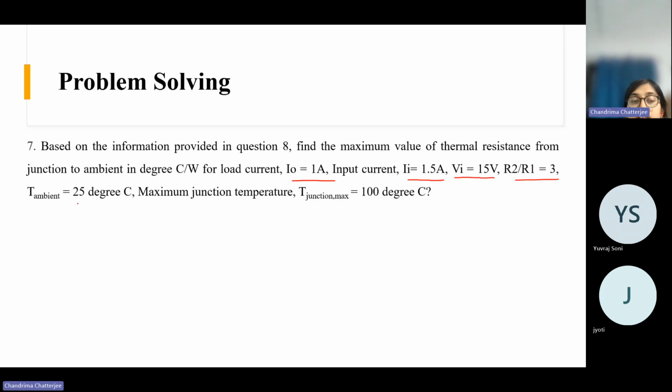Okay. And ambient temperature is 25 degrees Celsius, junction temperature is 100 degrees Celsius. What you need to find is the maximum value of thermal resistance so that you can restrict the junction temperature at maximum 100 degrees Celsius. Okay.